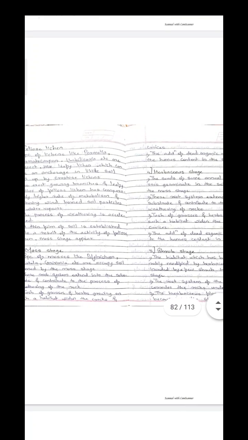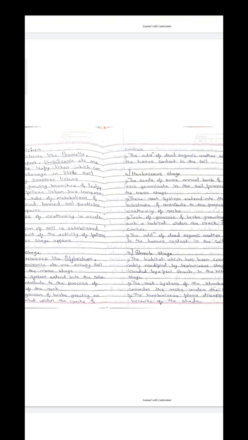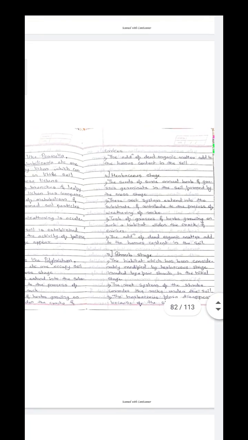So the third stage is the moss stage. These mosses develop their root system in that environment, and ultimately they increase the process of weathering. Due to this, soil with high organic or humus content is formed, and some herbaceous plants grow in that habitat.